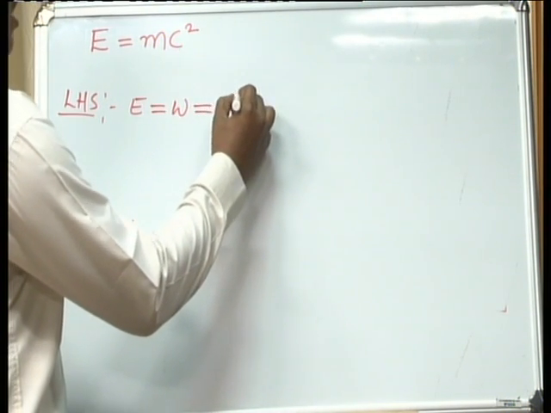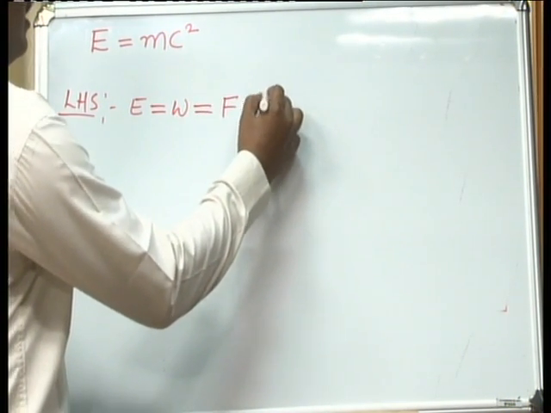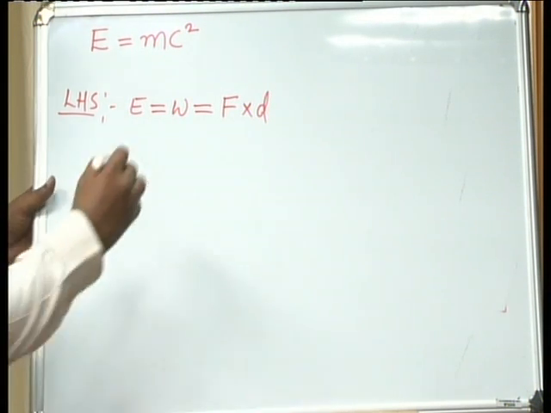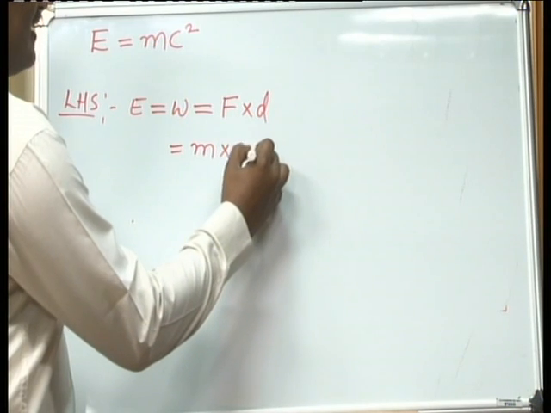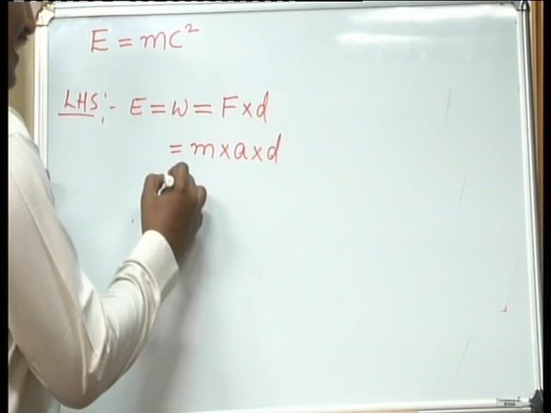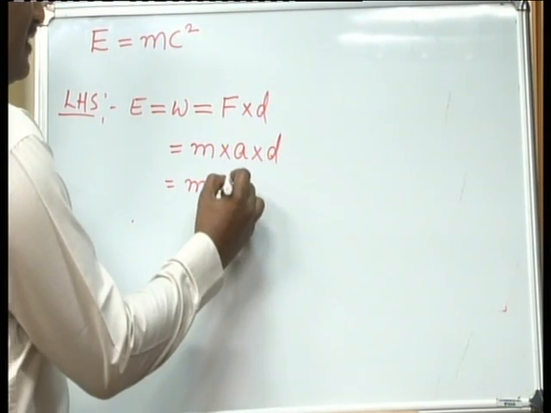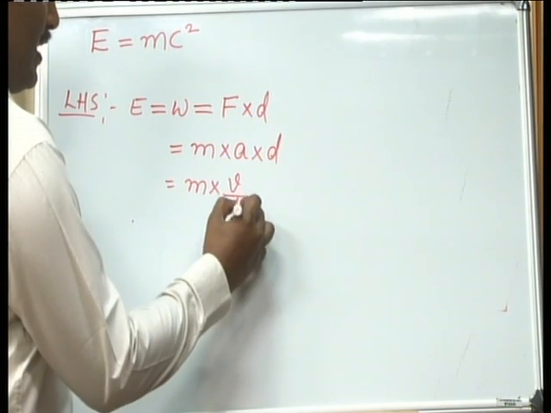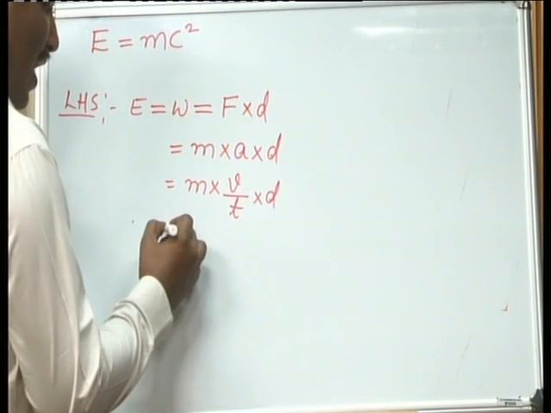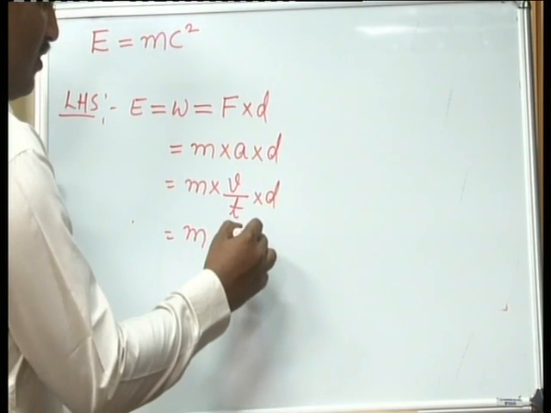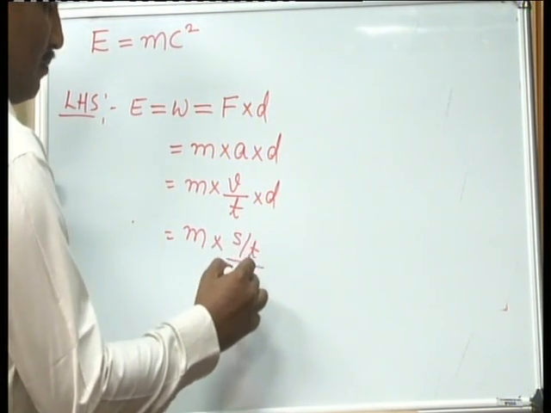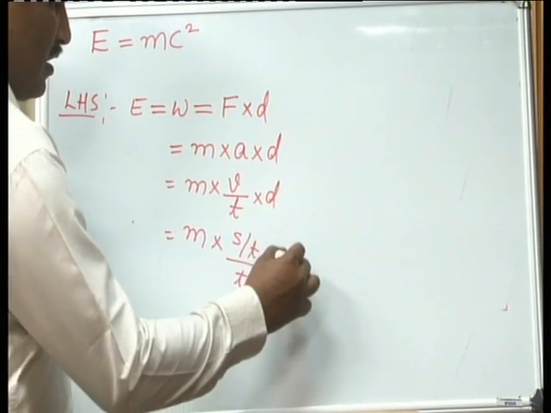It is the product of force applied and the distance travelled by the body. Now, what is the force? It is mass into acceleration. What is acceleration? It is the velocity divided by time taken. What is the velocity? It is the distance travelled divided by the time taken, right.